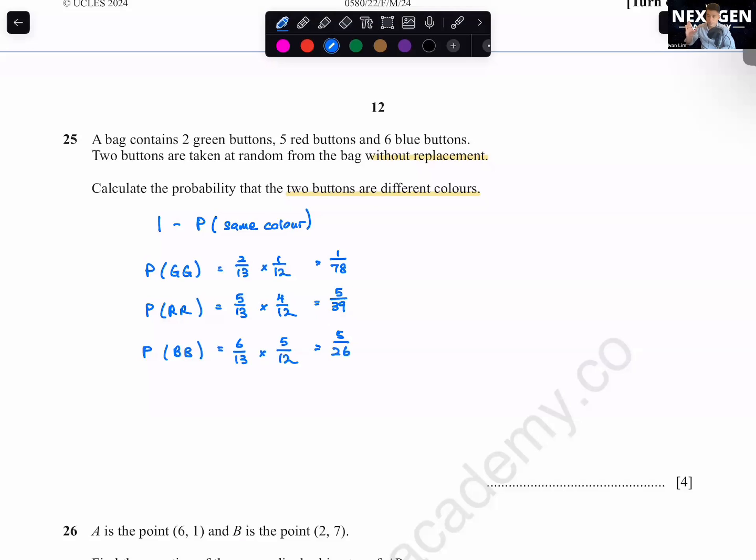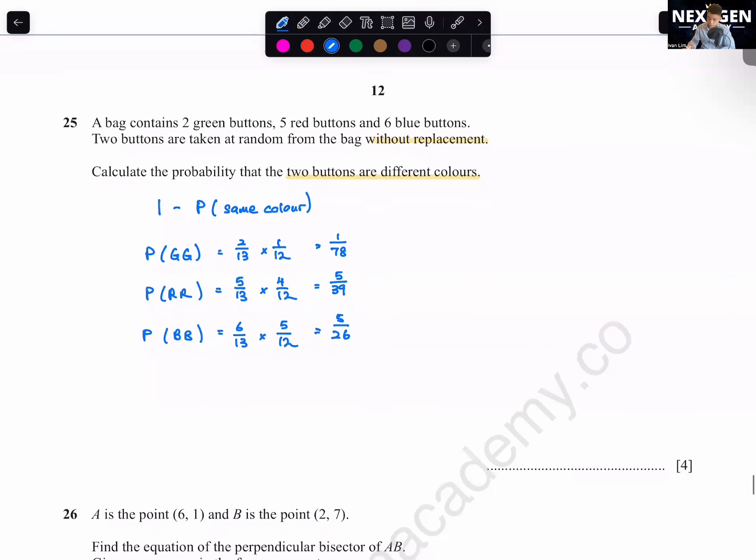Anyone don't understand this part here? Understand what I am doing here? Without replacement means you need to take it out from the bag and then you minus off. So now what we can do is 1 minus all of this value.